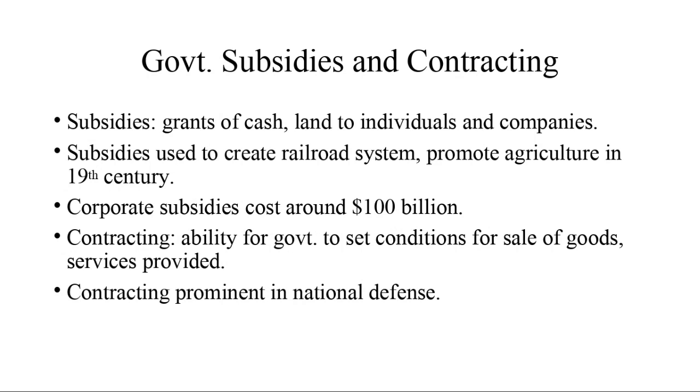The government is also involved in subsidies and contracting. In terms of subsidies, the government can provide grants of cash for land to an individual or company. So we saw this happening in the 19th century when land was given to create the coast-to-coast railroad system.